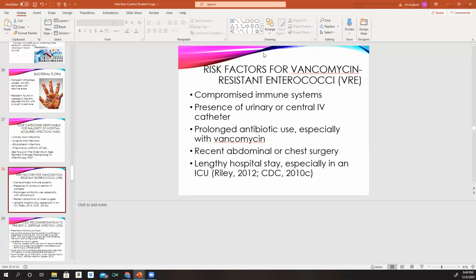Risk factors for developing VRE are a compromised immune system, the presence of a urinary or a central IV catheter, prolonged antibiotic use, especially with vancomycin, recent abdominal or chest surgery, and a lengthy stay in the hospital, especially in the ICU.